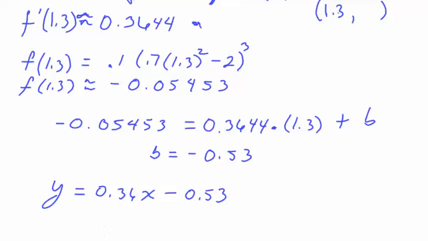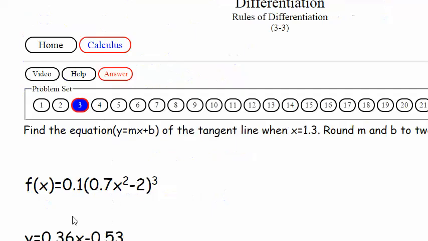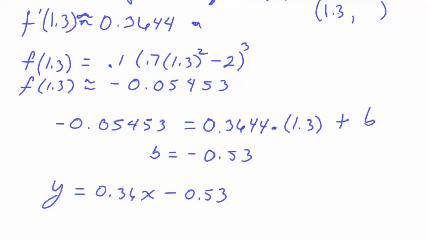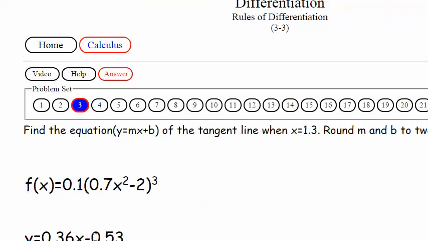So let's go check it out. I clicked it and I can't scroll down the screen any further, but I believe that's what we had: 0.36x minus 0.53. Yeah, that was it, thank goodness.